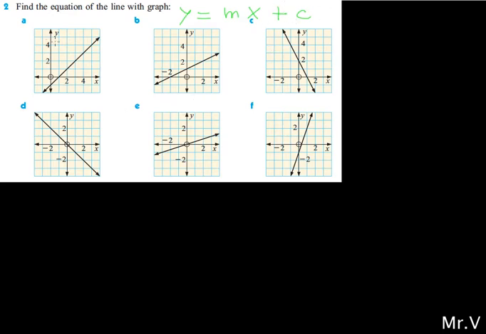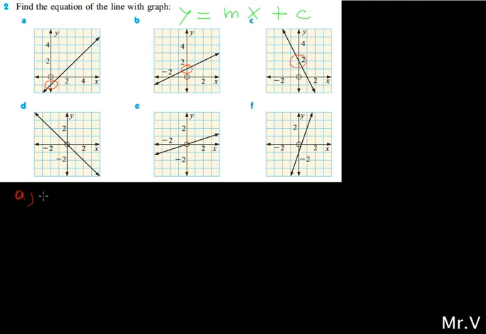All you have to do is find your y-axis and find out where the line crosses that y-axis. I'm going to put a circle here for the first three examples.